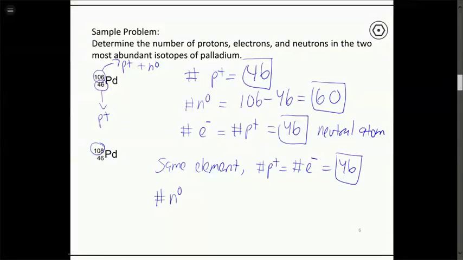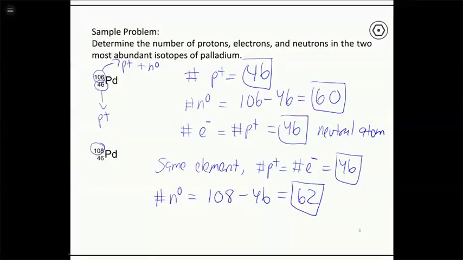We've gone from a mass number of 106 to a mass number of 108. And so if we subtract the number of protons from that mass number, we see that there are now 62 neutrons. And as a percentage of total mass, this isotope is only 2% heavier than that one. So you can imagine that has a much smaller effect on the properties compared to hydrogen, where you're doubling the mass.